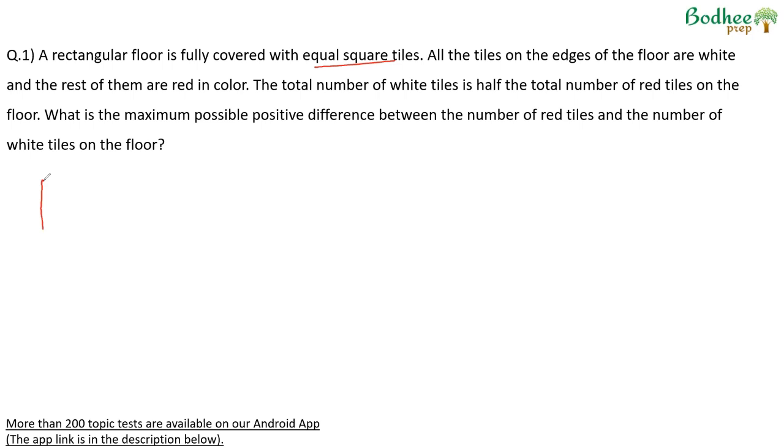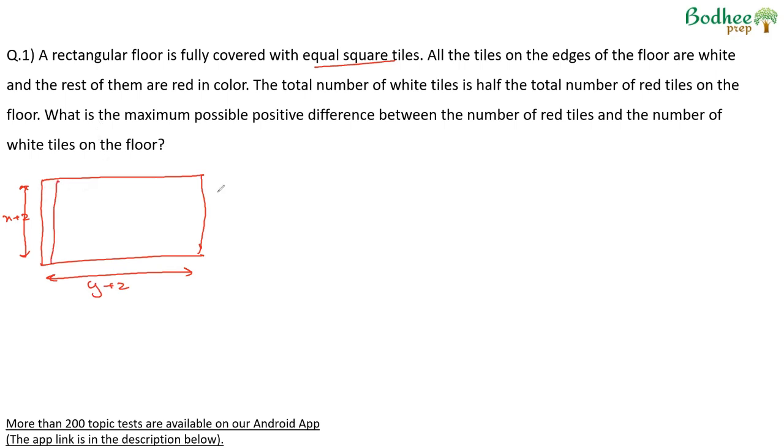Now, if we assume that the floor is such that x plus 2 is the number of square tiles that can be put along the breadth, and y plus 2 is the number of square tiles that can be put across the length.